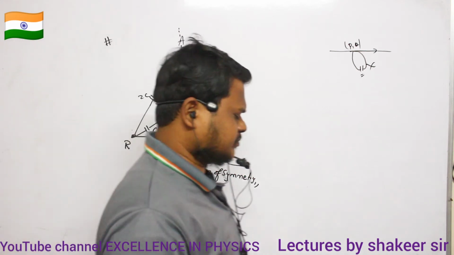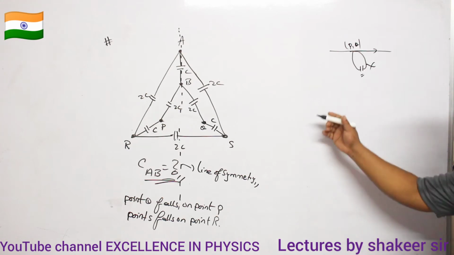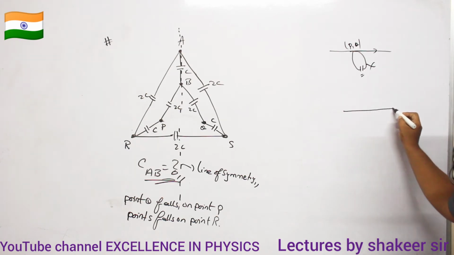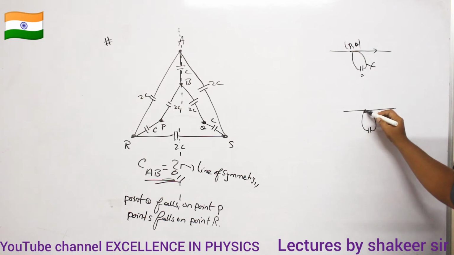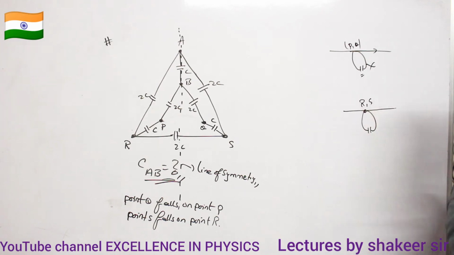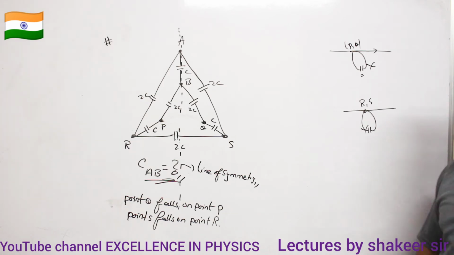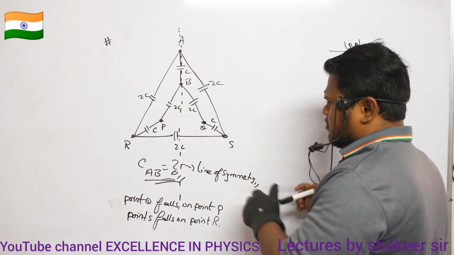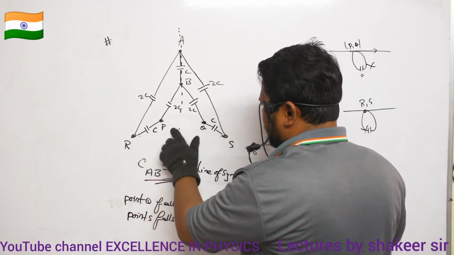Again, it will form into a loop and be connected like this. This point is point R and the same point is point S also. So charge will not prefer entering into this type of loop. There is no use of this capacitor, so I will remove this 2C capacitor also.